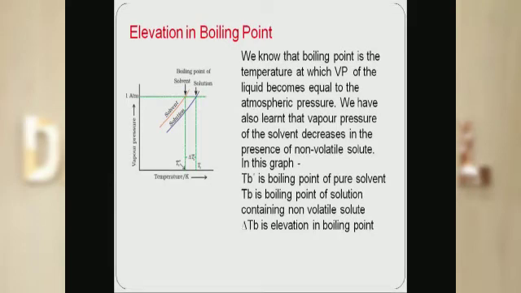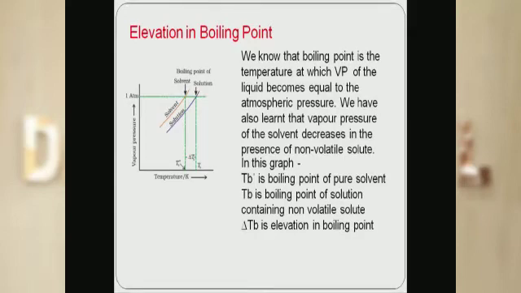Now here the sign of 1 atmosphere, that is atmospheric pressure, is also shown. So there is a point TB naught. TB naught is the temperature at which vapor pressure of solvent becomes equal to 1 atmosphere. So TB naught will be the boiling point of pure solvent, whereas TB is the temperature at which vapor pressure of solution becomes equal to the atmospheric pressure.